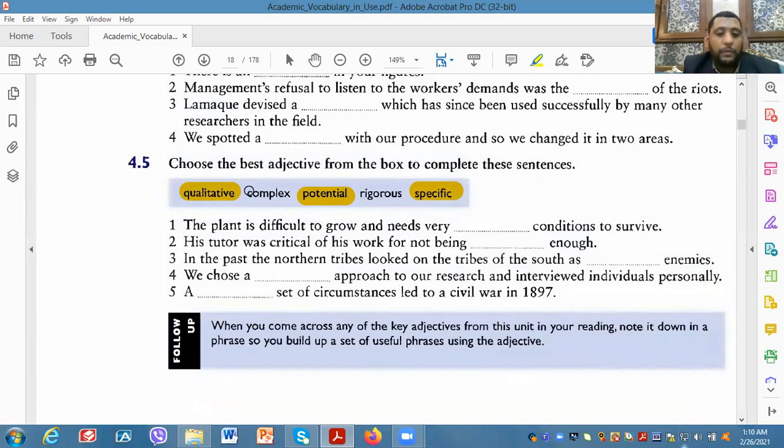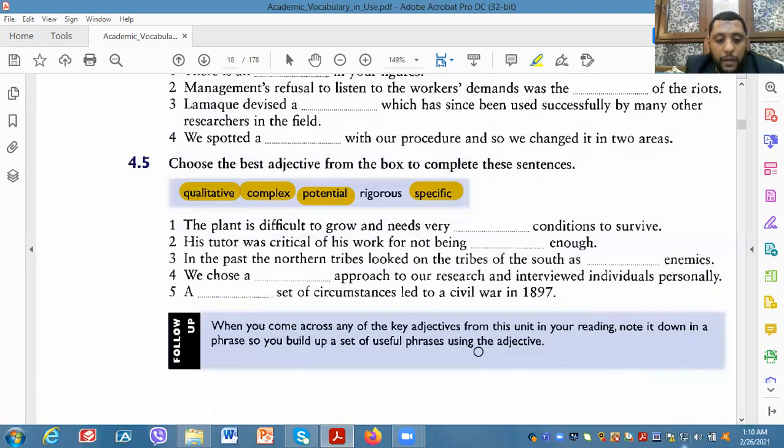The right word that can be used for it is complex. A complex set of circumstances led to a civil war in 1897. So that was the last thing for today.